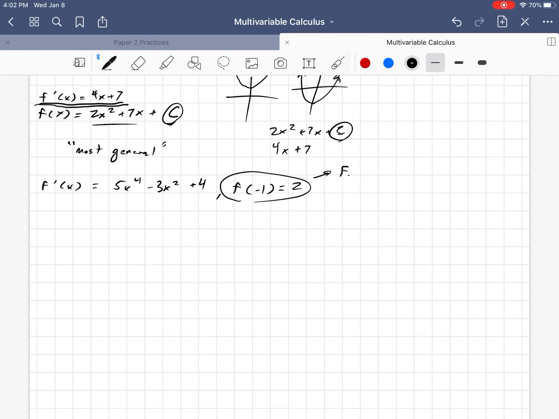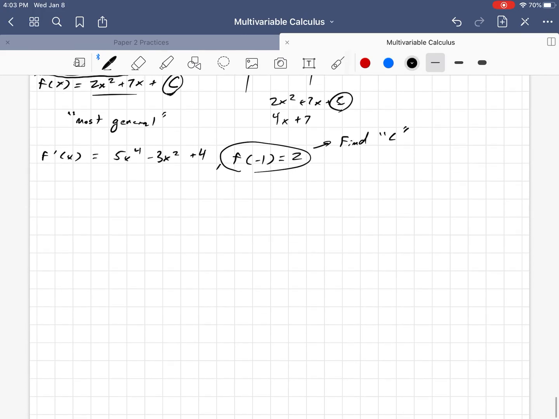The point of this initial condition is to find that constant, what c is, because if you know any number at all of the original function, you can just plug that number in and solve for c. So the most general antiderivative of this function here is going to be x to the 5th minus x cubed plus 4x.